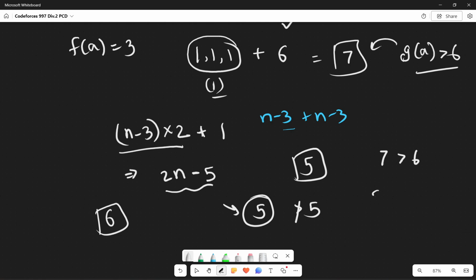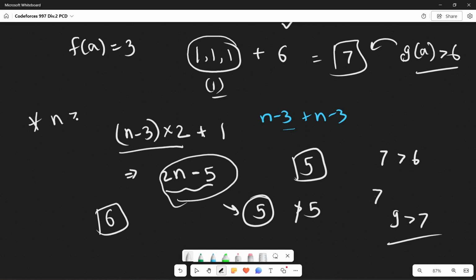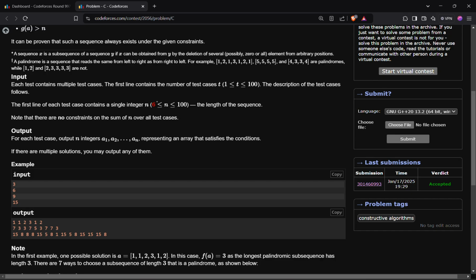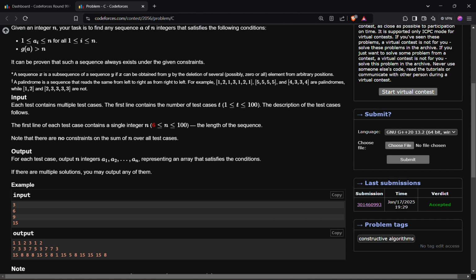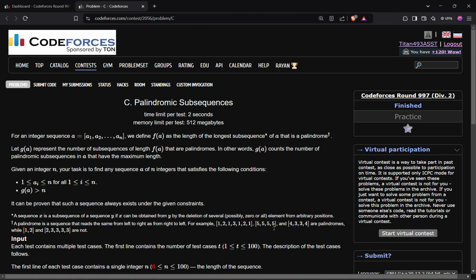If you plug in 7, it will return you 9, which is basically greater than 7. So for every n greater than or equal to 6, this type of construction is valid. And yes, n starts from 6.